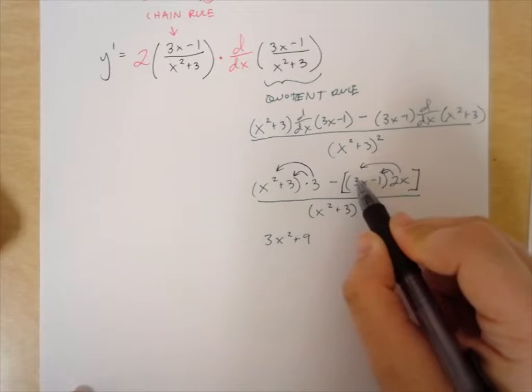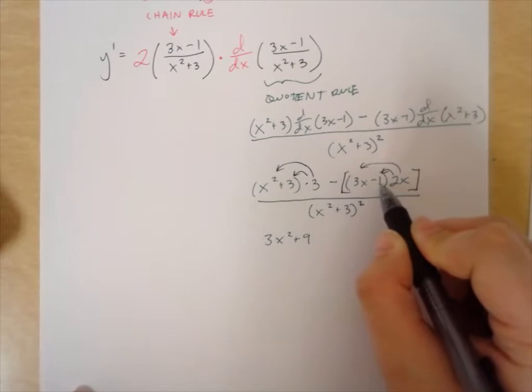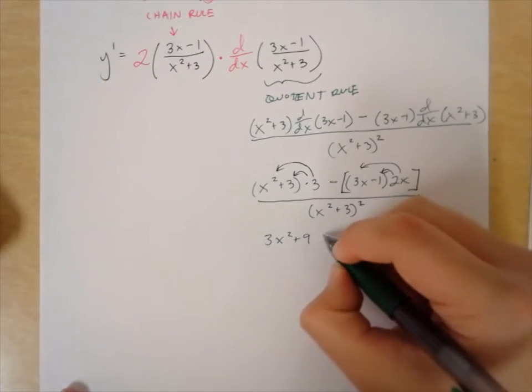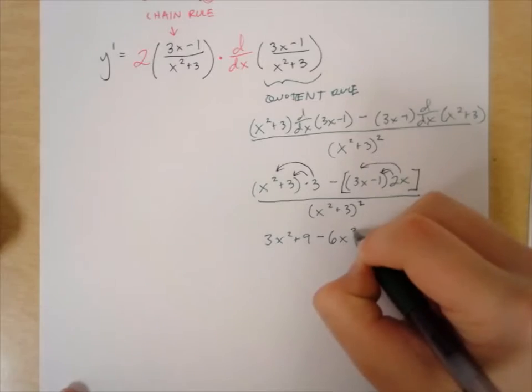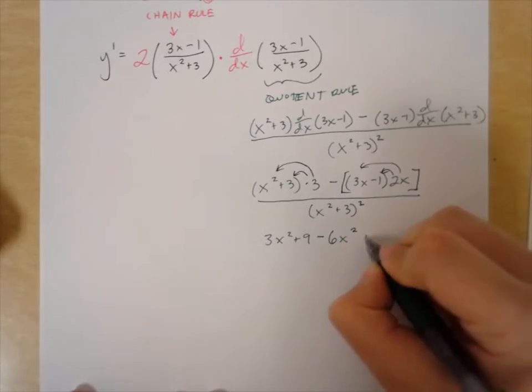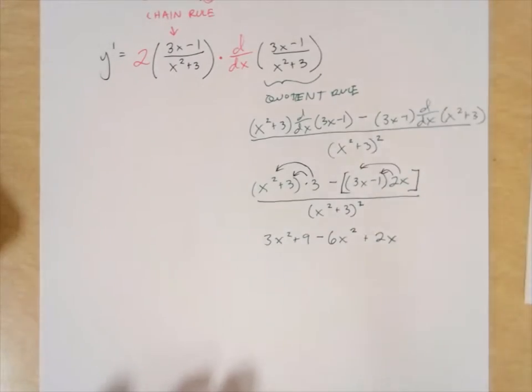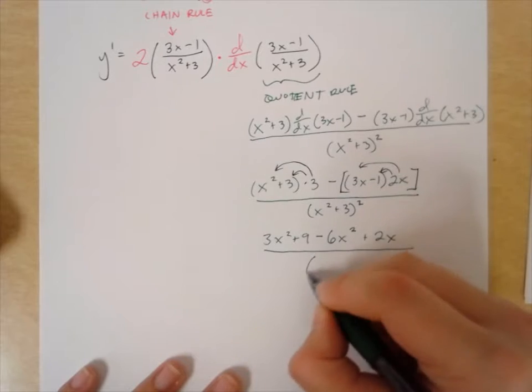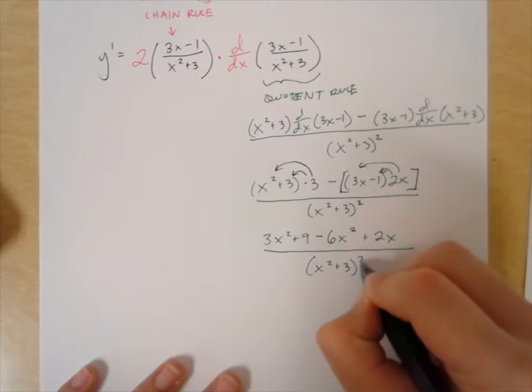We would have 2x times 3x, which would be 6x squared, and then I would have minus 2x. But we have this negative out front, so we're going to change the sign of everything we just said. We're going to have a negative 6x squared, and we're going to have a positive 2x. And we have this, again, all over x squared plus 3 squared.